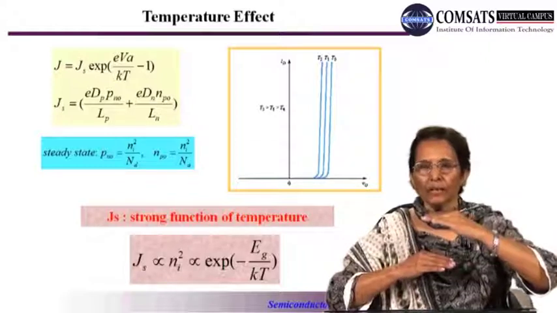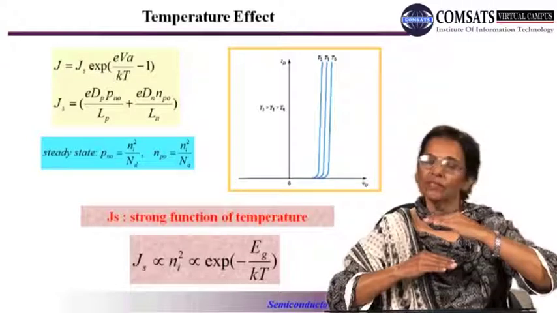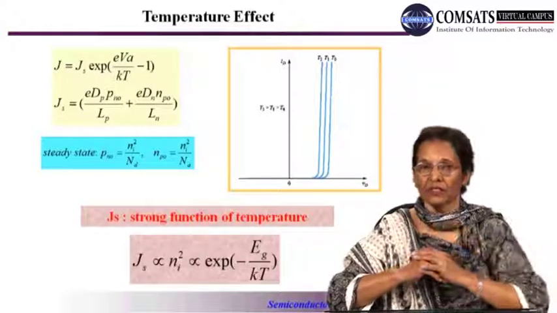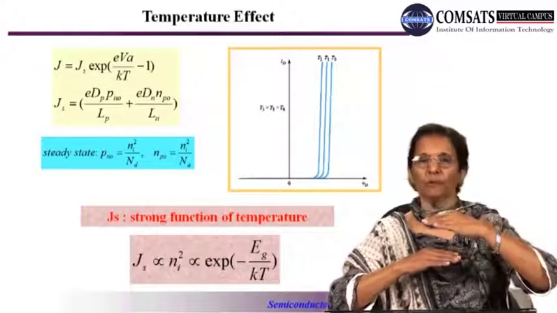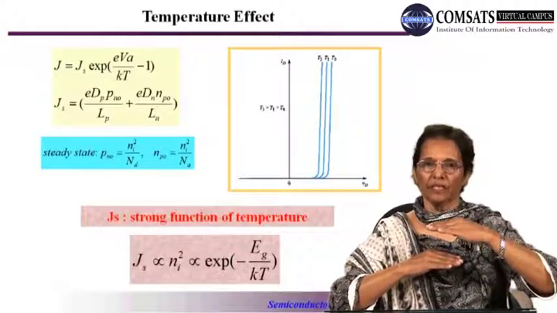So by increasing the band gap at a constant temperature, the thermal generation rate decreases. Now keep one parameter constant, which is the band gap energy.